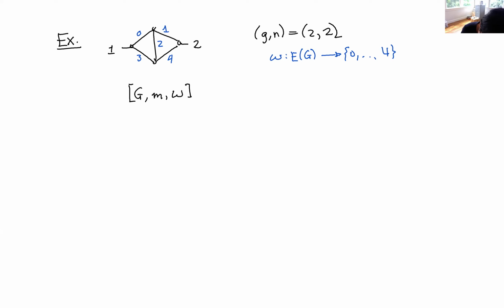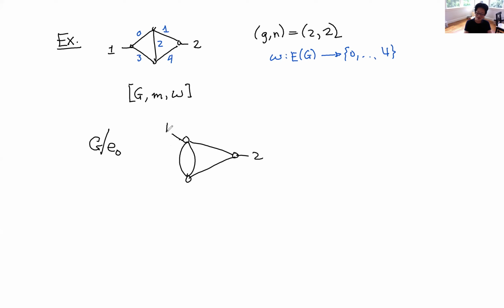And so what is this contraction? Let me draw the contraction by E naught. You look at the edge labeled 0 and you shrink it down, identifying the endpoints. Imagine that it shrinks to length 0. I think it looks like this.